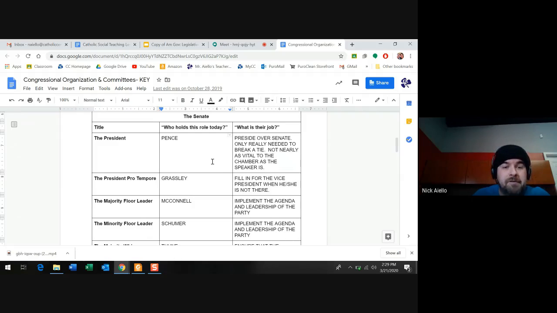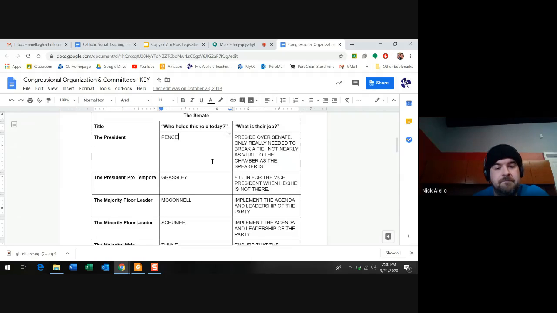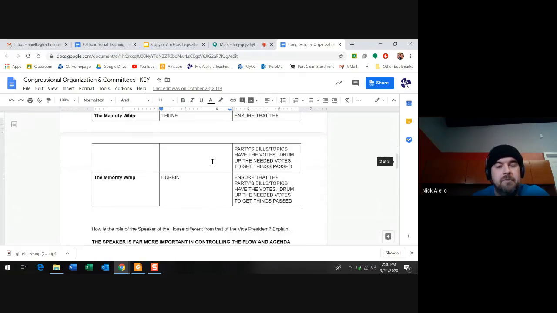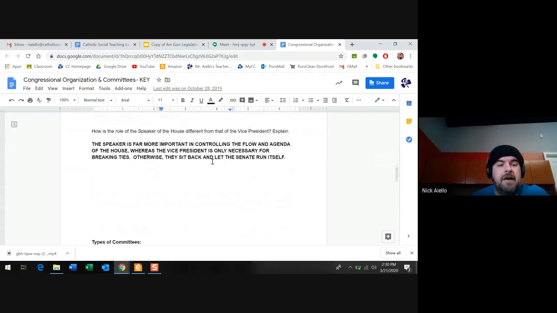You think about it, you have 100 senators, you could very easily have a 50-50 split on a piece of legislation, a bill trying to be passed, and so the president of the Senate, which is our vice president of the United States, would then split the vote because he would be that 101st vote, right? So moving on down here: how is the role of the Speaker of the House different from the Vice President?